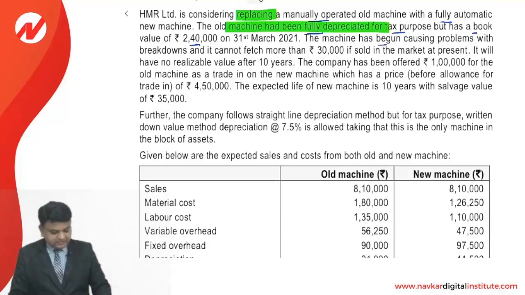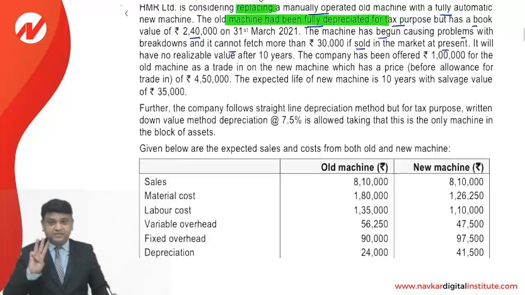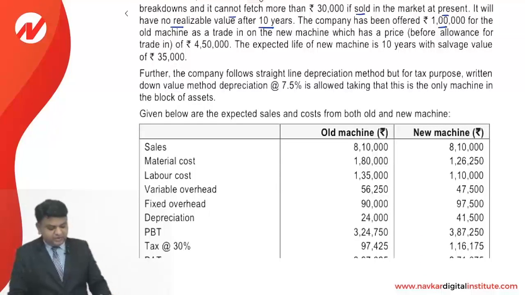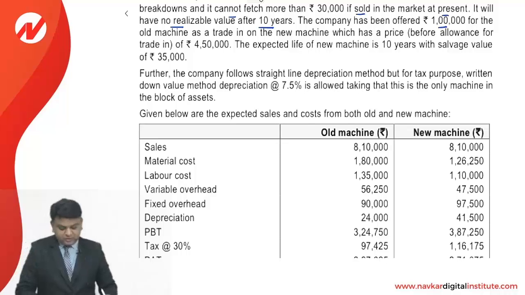The machine has begun causing problems with breakdowns and it cannot fetch more than 30,000 if sold in the market at present. So the current sale value is 30,000. It will have no realizable value after 10 years. The company has been offered an amount of rupees 1 lakh for the old machinery as a trade-in for the new machinery.